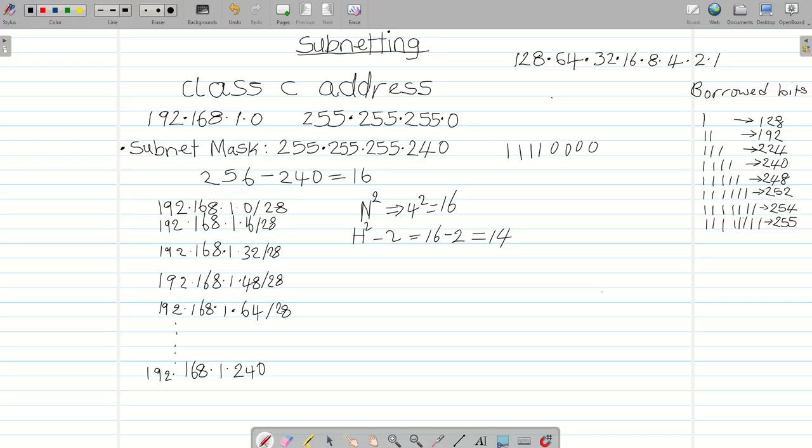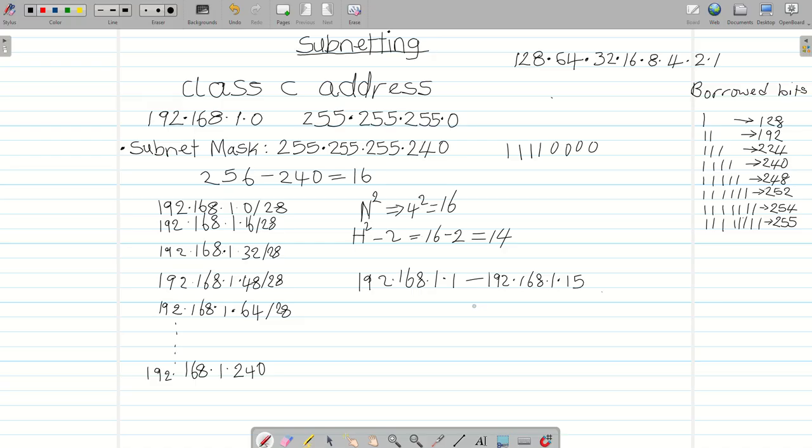If we take the first one here, our first address will be 192.168.1.1, right, up to 192.168.1, and if we minus 1 from 16, we'll get 15.